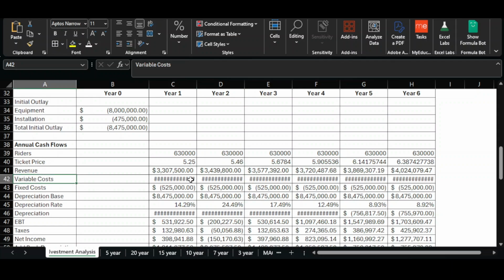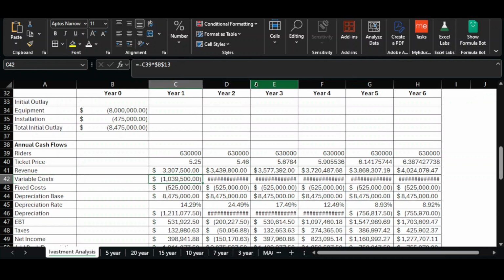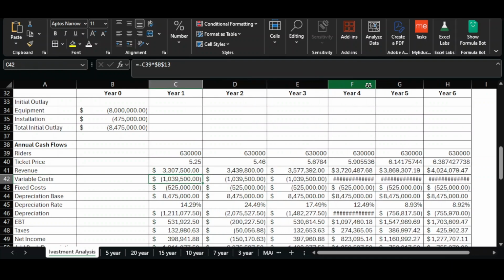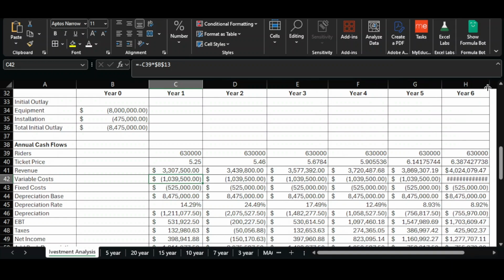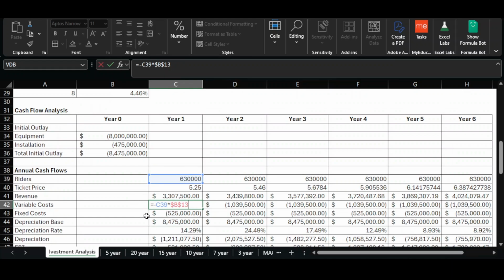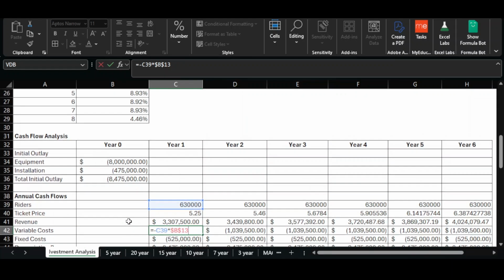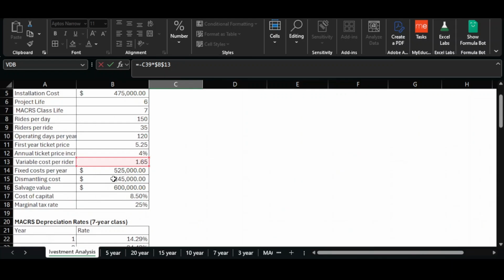Next is variable cost. The variable cost is given. It will factor in the number of riders. For the first year, the cost will refer to the variable cost per rider.